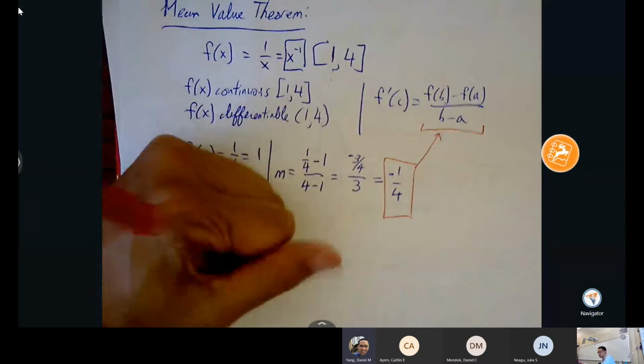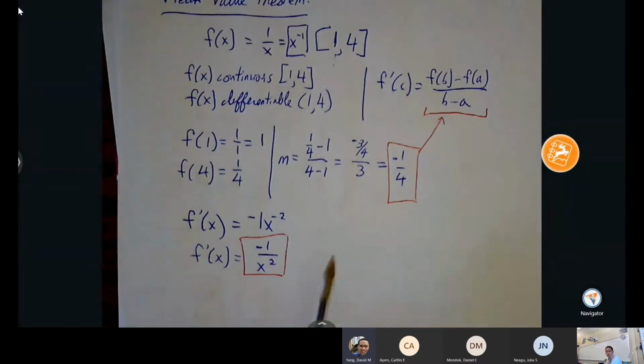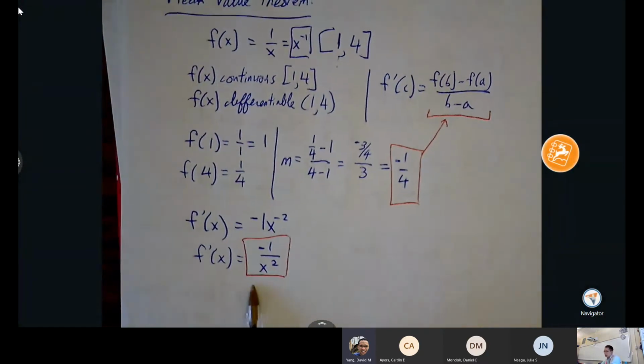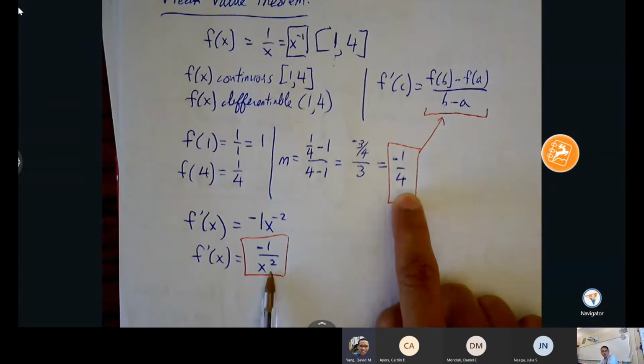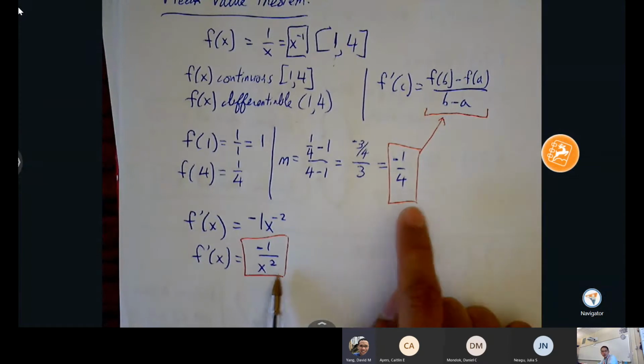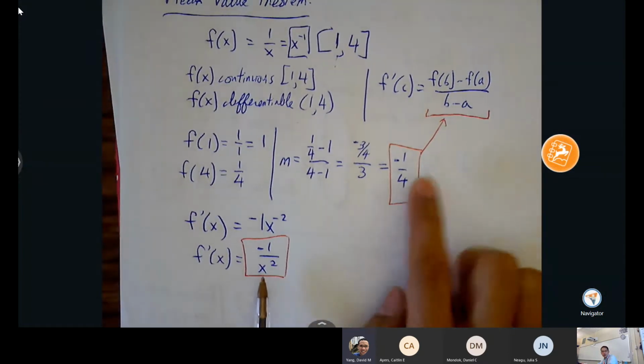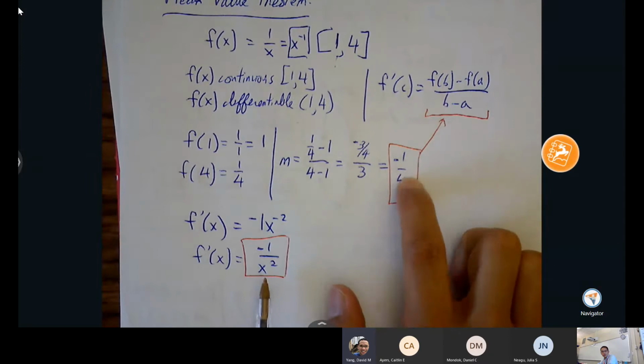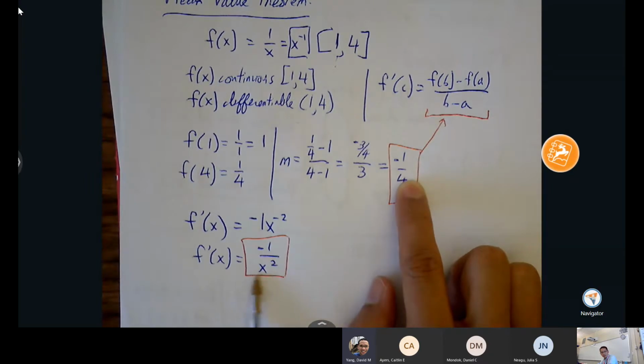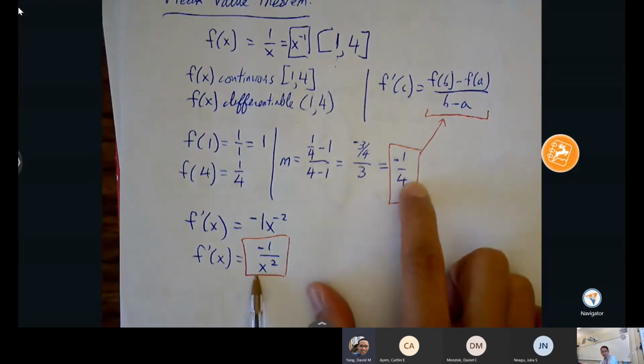So we have the two pieces that we're going to set equal to each other. We have our slope, we have our slope formula. If we set them equal to each other, we can figure out where on this curve there is a slope of -1/4. And if I solve for x, I can find the location of this slope.